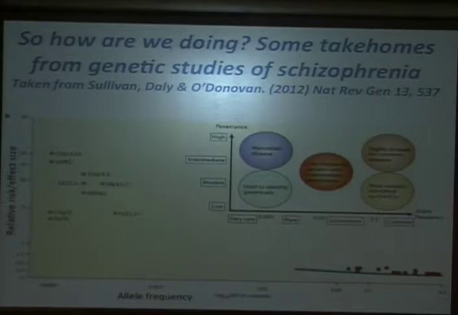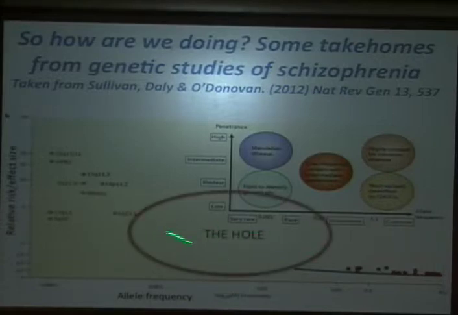Something like 60,000 patients were done to get 61 genes that we now know can contribute to schizophrenia. They're all clinically irrelevant. So in the middle is a big hole. And there's a big hole because we have technologies to do this, and we have technologies to do this, but we haven't applied any technologies to do the middle.